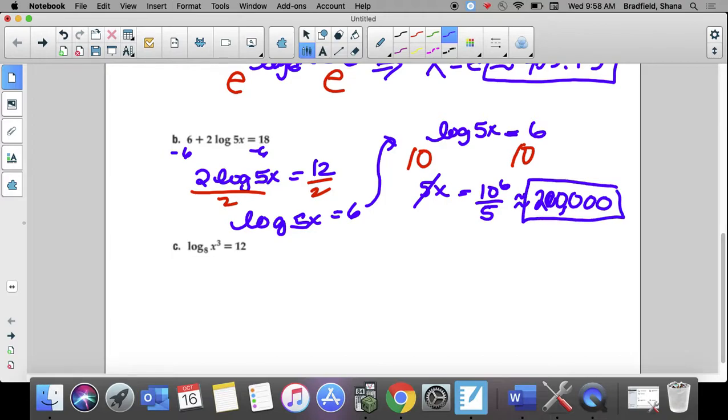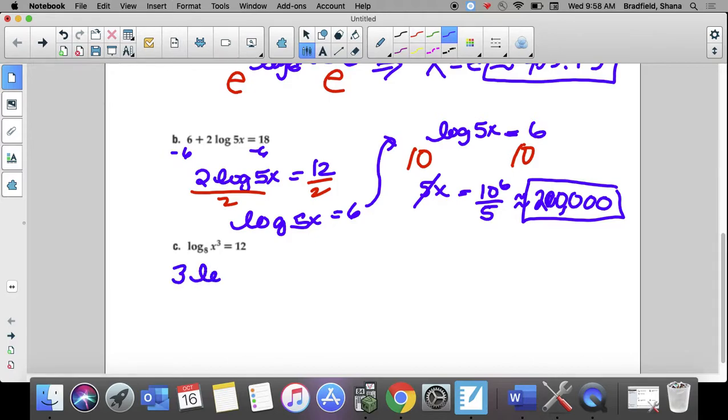For C, I'm sure you can guess what we're going to do for that one. We already have a log, it's solved for a log. What we can do though here is we're going to write that without an exponent first. So I'm going to bring the 3 down.